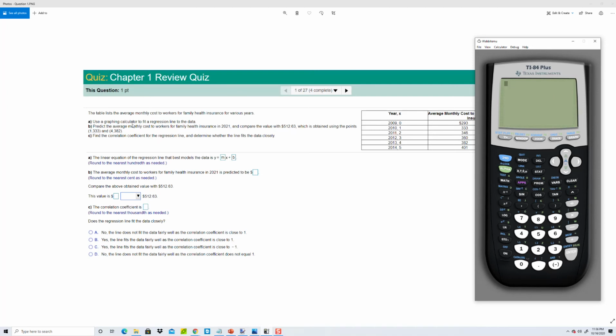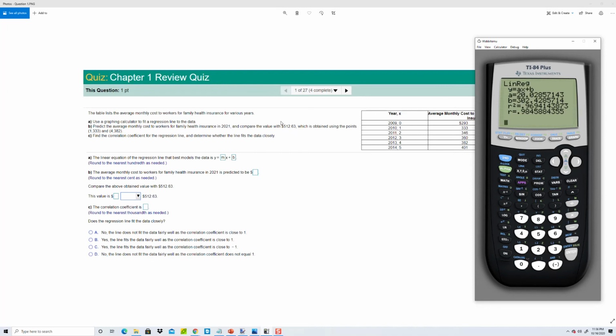First instruction says use a graphing calculator to fit a regression line to the data. Specifically, they want you to come up with y equals mx plus b. If you press your stat button right here, right arrow to calc, and then you want to choose number 4. So you can down arrow to it and press enter on it, and then you press enter again. Now the A and B that you see right here is what you'll plug in.